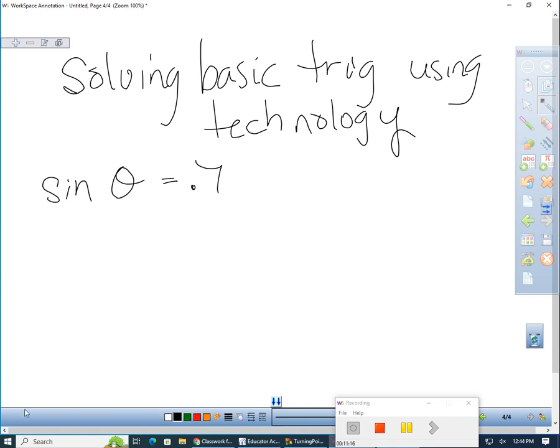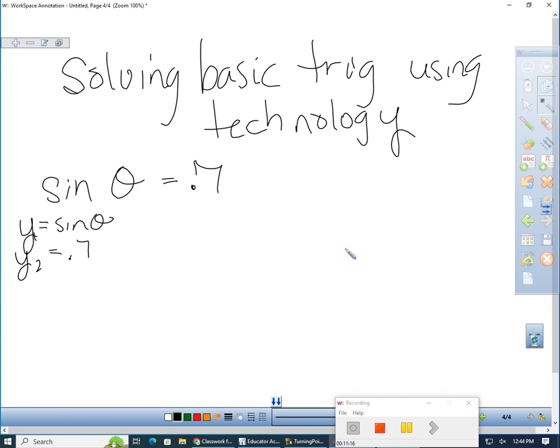Okay? What I want you to do is you are going to put sine theta in one y equals. So y equals, the first one is going to be sine theta. y2 is going to be 0.7. What is your period for this one? 2 pi.